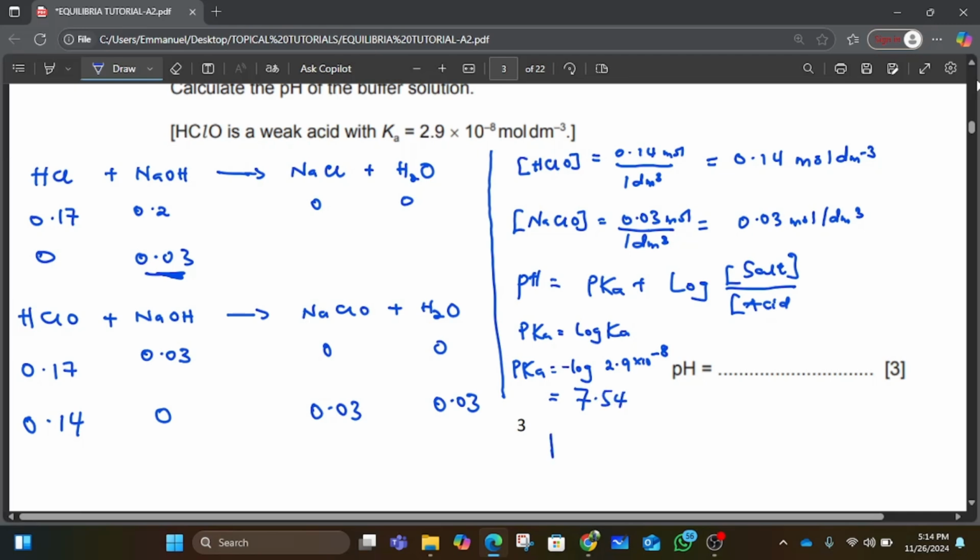If we put that in the pH calculation, we have 7.54 plus log of 0.03 divided by 0.14, and so the pH should be 6.87.